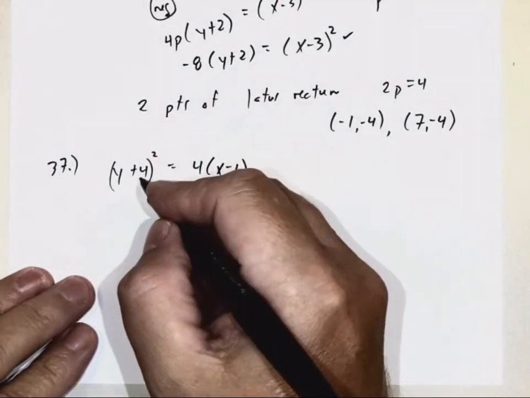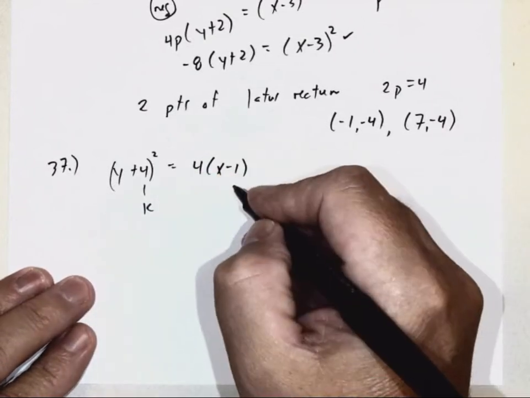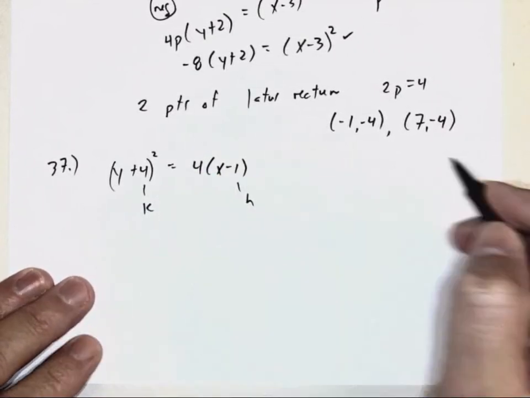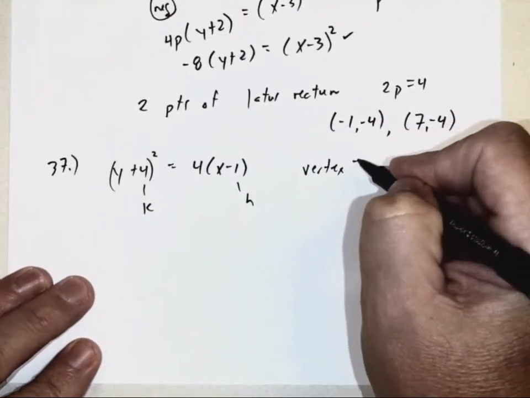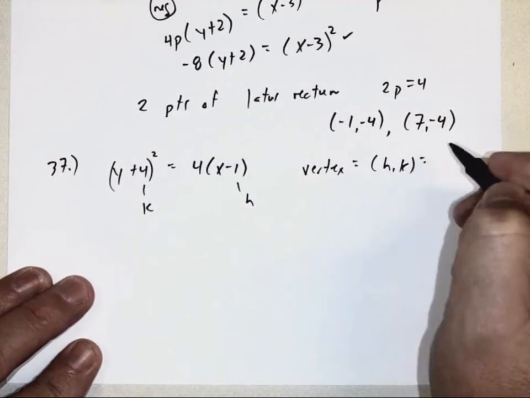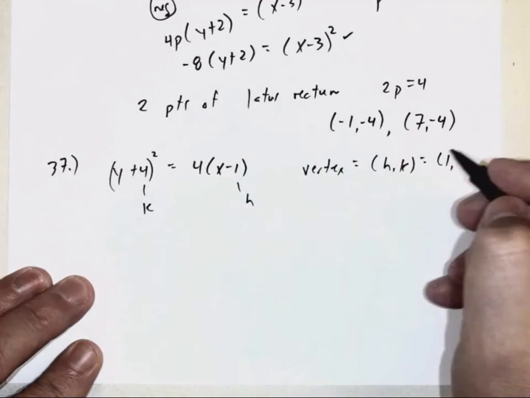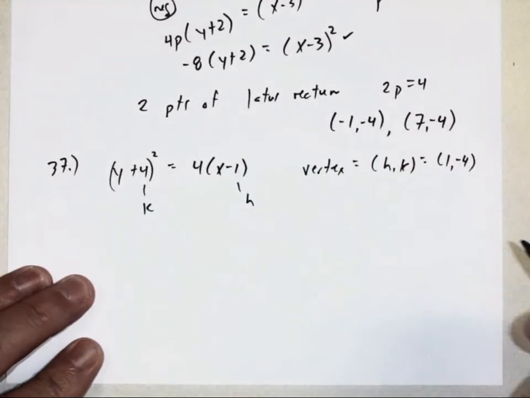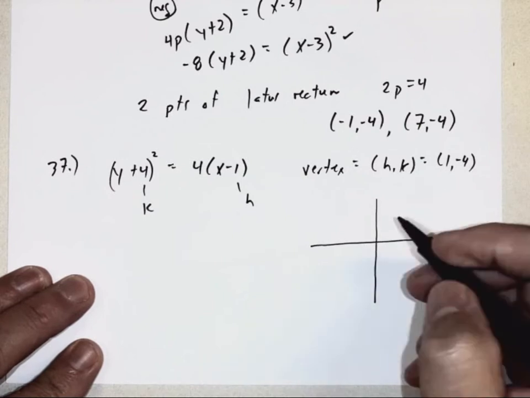Well, for the vertex, k is with the y. And remember your signs now. It's like the opposite. So the vertex is (h, k), which is 1, negative 4. Matter of fact, maybe we can start graphing this.